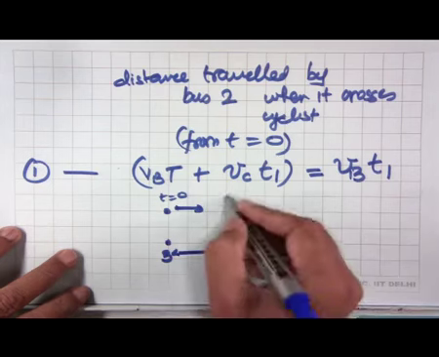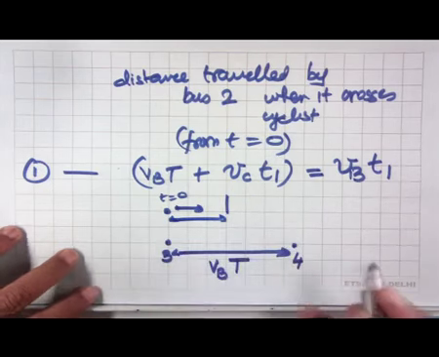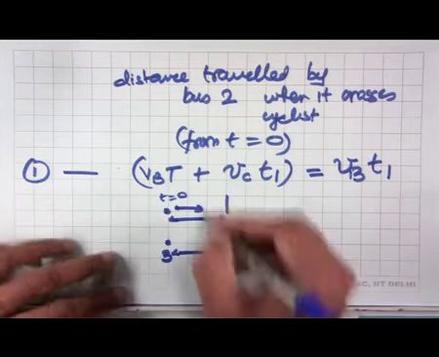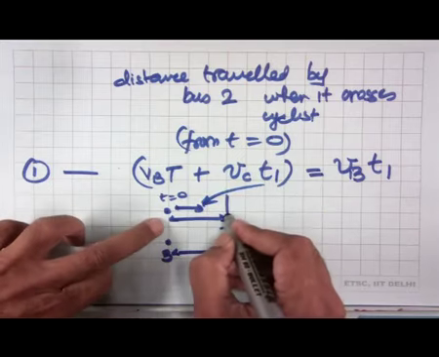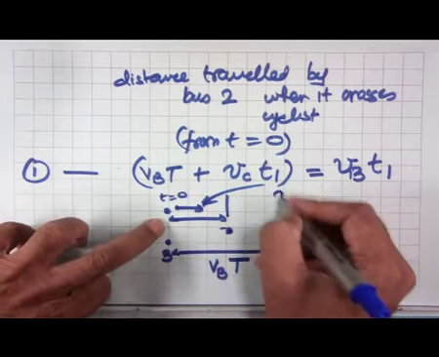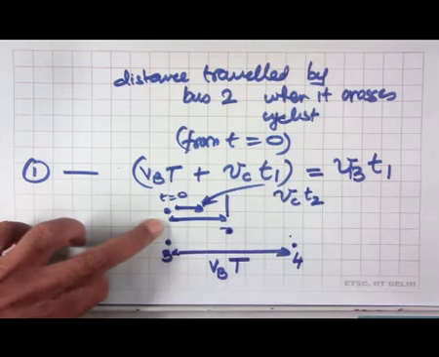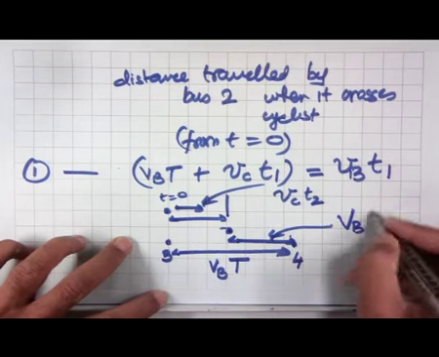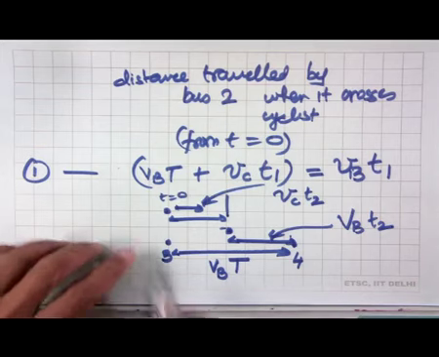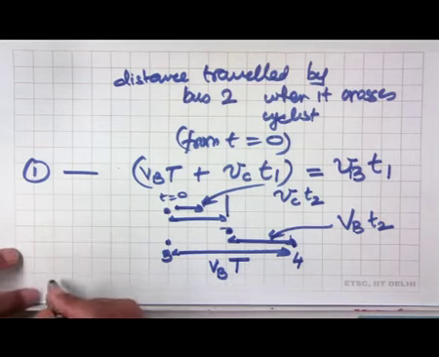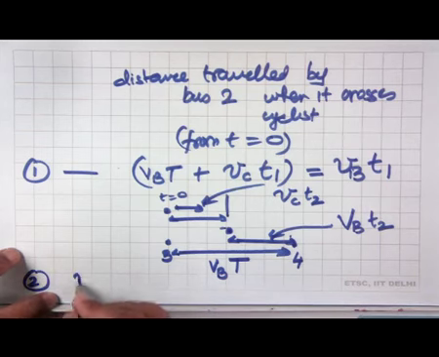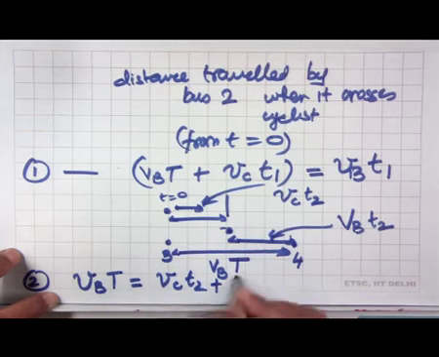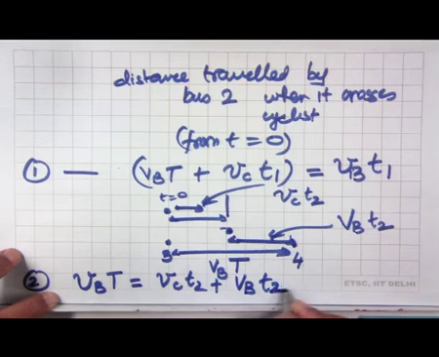Now, after a time t2, bus number 4 will cross the cyclist. The distance which the cyclist travels is equal to Vc times t2, the distance travelled by the bus is Vb times t2, and the total distance is Vb times T. So, the second relation gives us Vb times T equal to Vc times t2 plus Vb times t2.